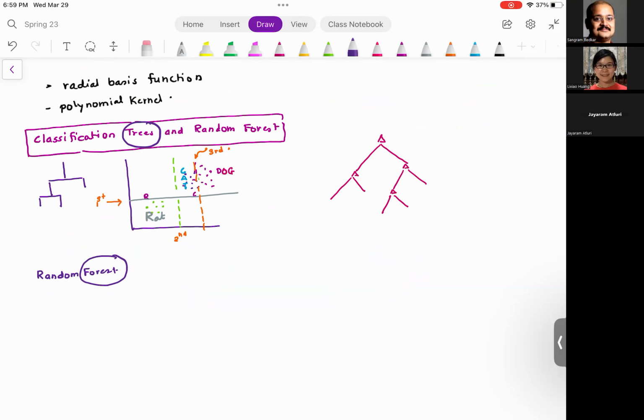Basically, it's an ensemble learning method, which is learning on a huge data set. It's an ensemble learning method that is used for classification and pattern recognition.